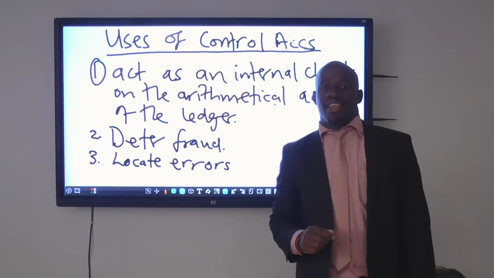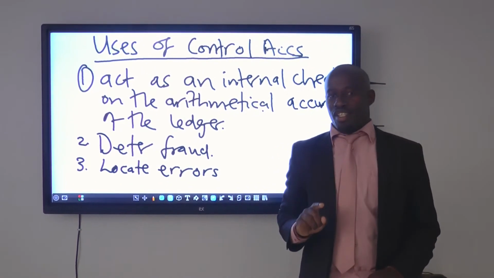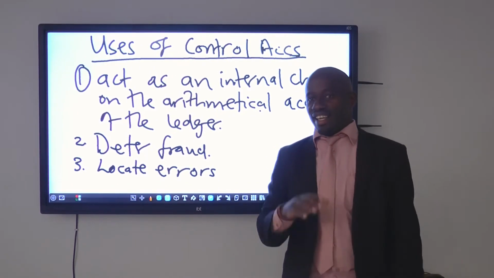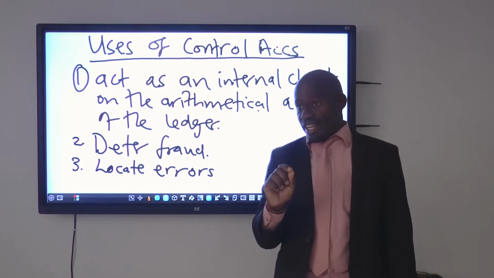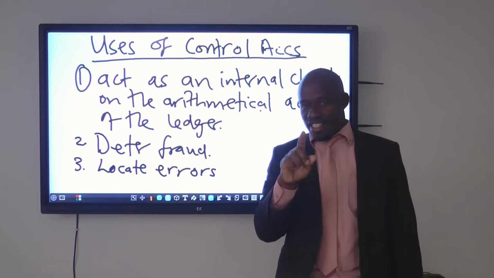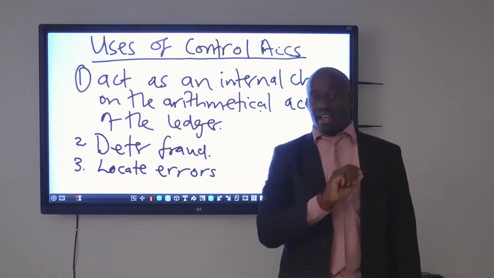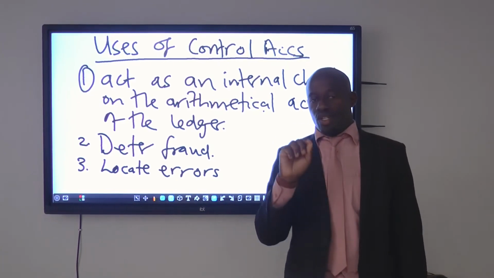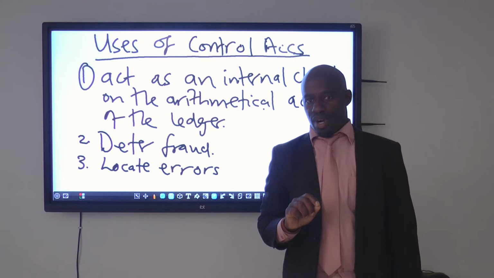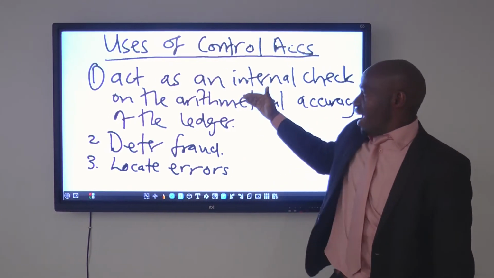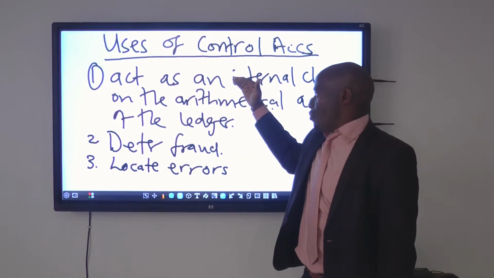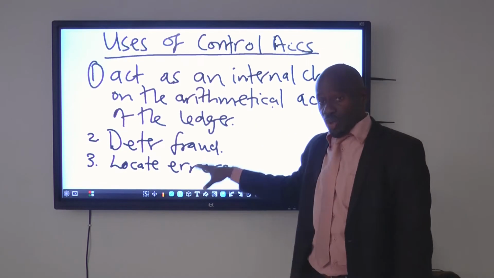If there's a difference between the debtors ledger and the debtors ledger control account, then there's an error. Where is the error? We now need to investigate. So those are the main uses of the control account.